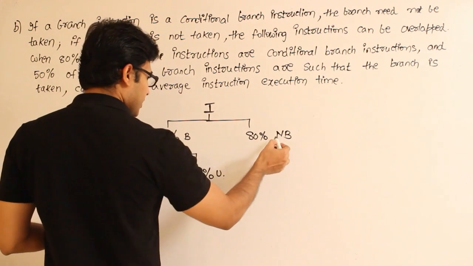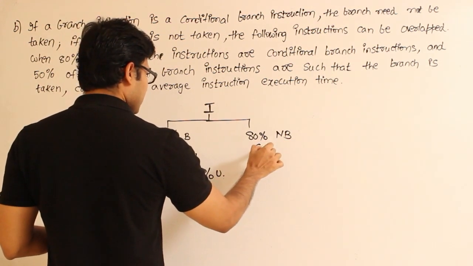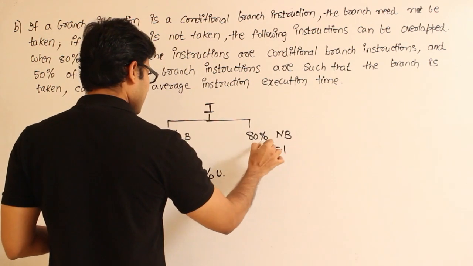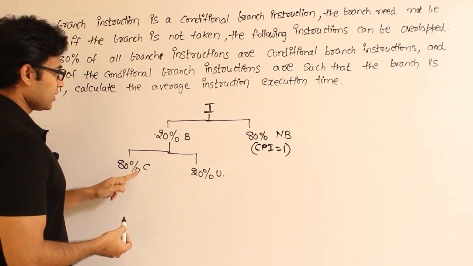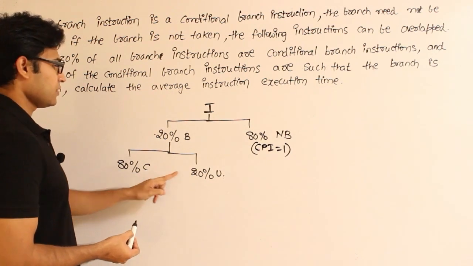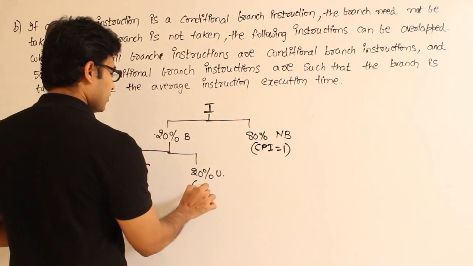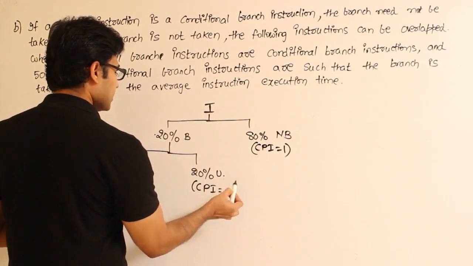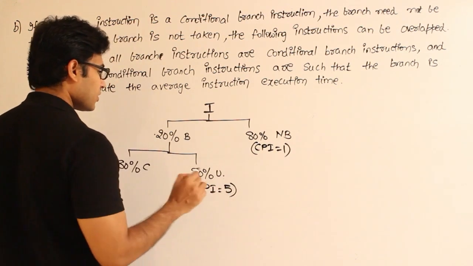So for the non-branch instructions, we know that CPI equals 1, clocks per instruction is definitely going to be 1, right? So in case of branching, there are 2 types of branch statements. One is conditional and the other one is unconditional. In unconditional branches, we can consider that clocks per instruction is going to be 5 because there is no overlapping.